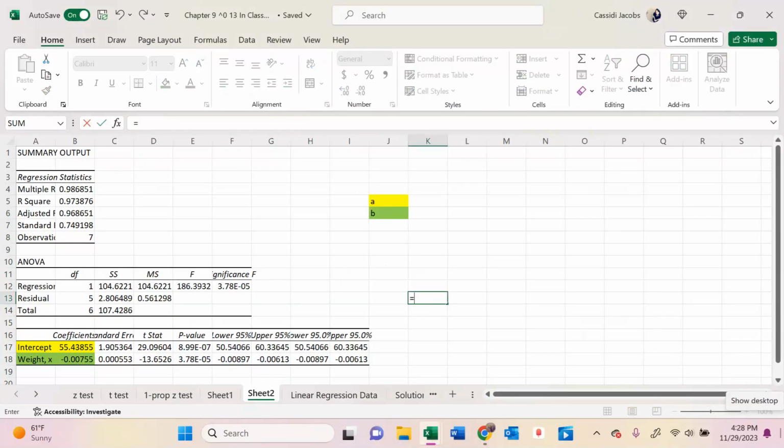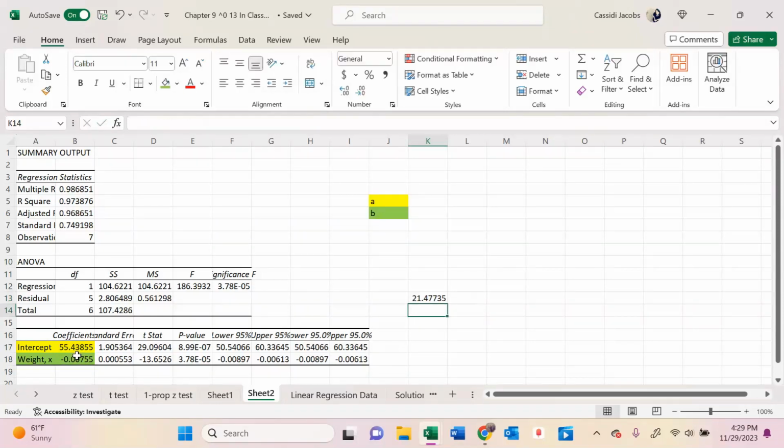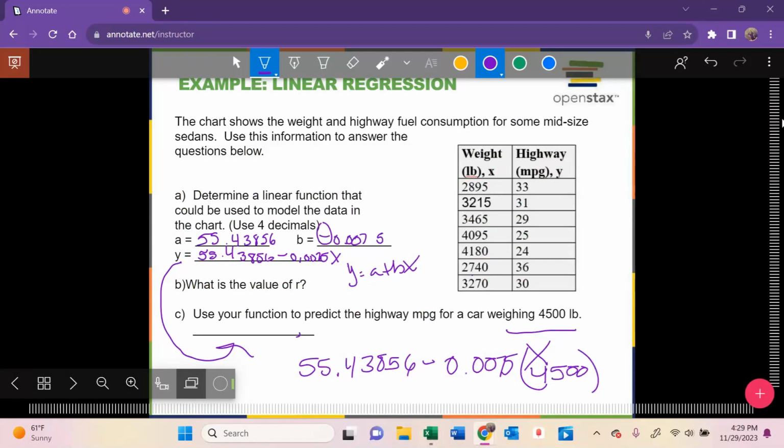I would do equals 55 point. You don't even have to do that. You can just highlight that cell because it's already there. Minus, or let's do plus here because this cell is already negative. And then you're going to do times that X that you're given. And you get 21.47. And so here we would say approximately 21 miles per gallon.